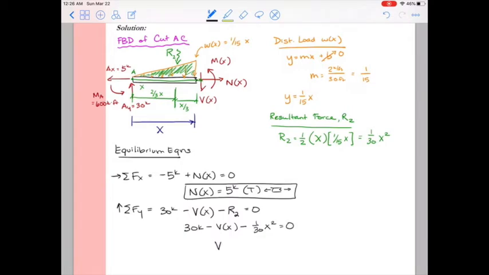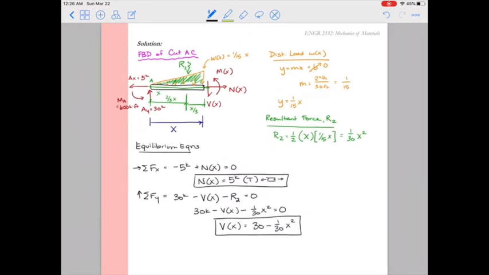And now I need to solve for the function V of x. Bringing V of x to the right-hand side, we get 30 kips minus 1/30 x squared. So that's my function. I can't really draw my little elements this time because I don't know if it's positive or negative, because of course it's an algebraic equation.